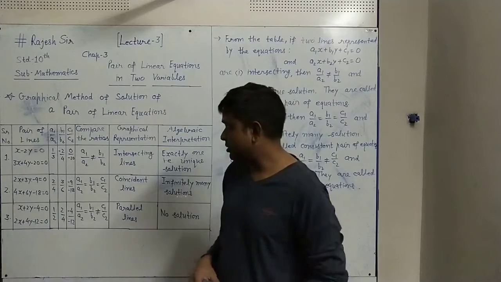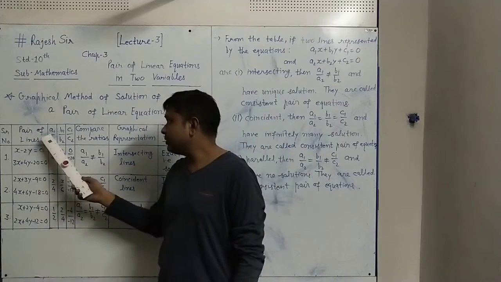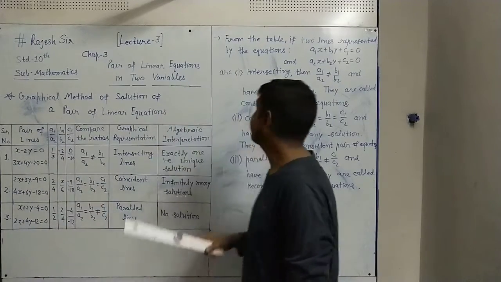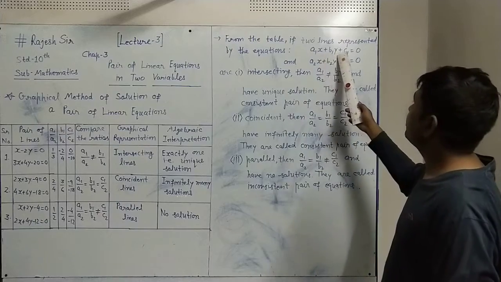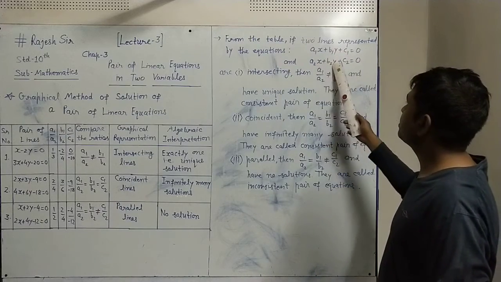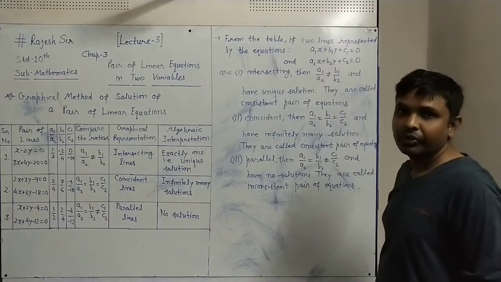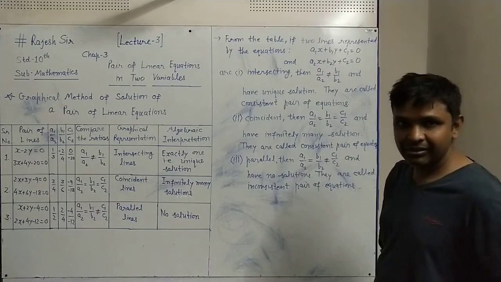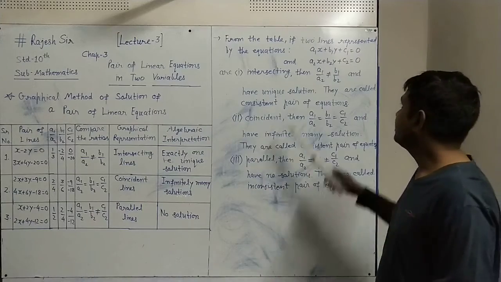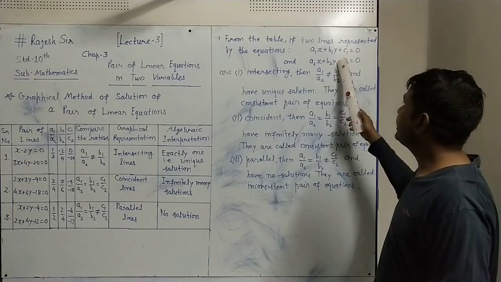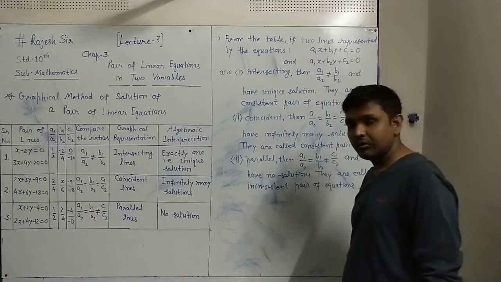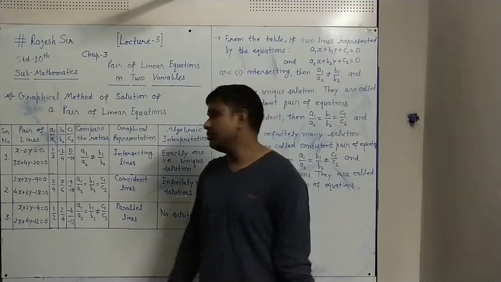As we know, in standard form, a1x plus b1y plus c1 equal to 0, a2x plus b2y plus c2 equal to 0. A1 and A2 are the coefficients of x in both the lines, B1 and B2 are the coefficients of y, and C1 and C2 are the constant terms.